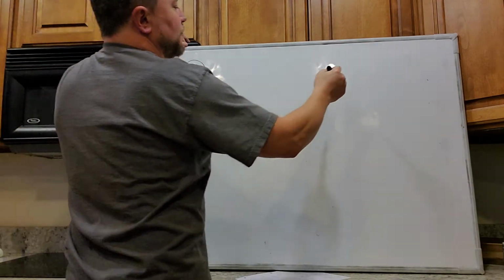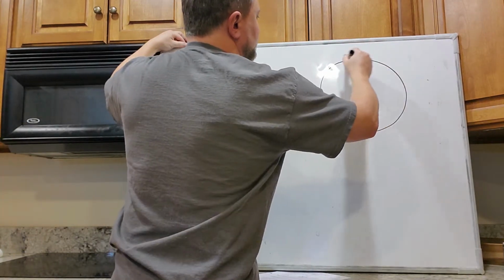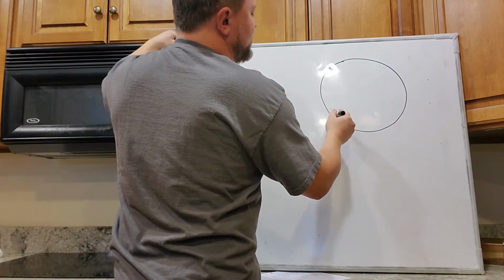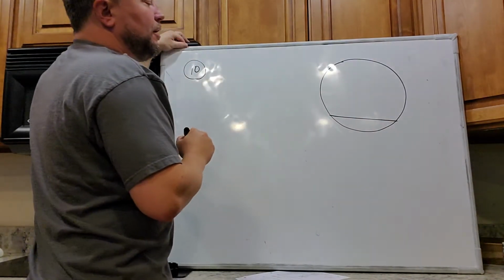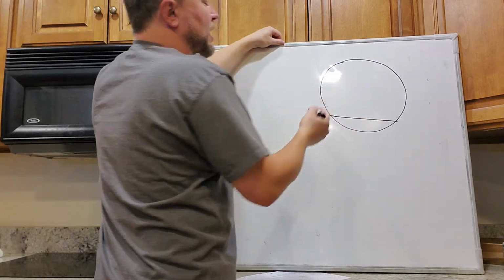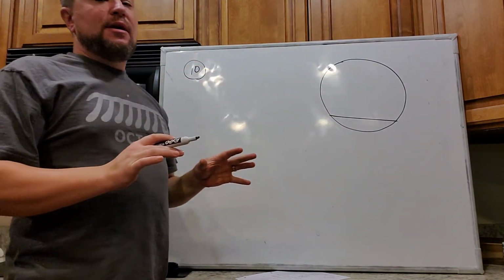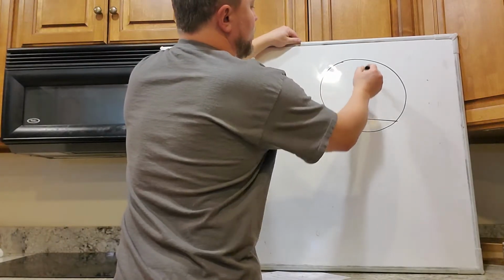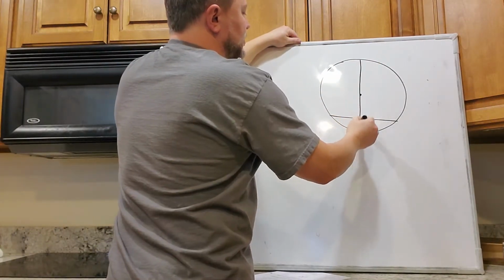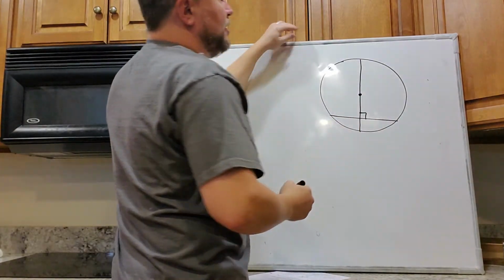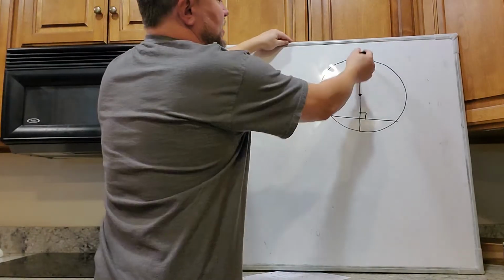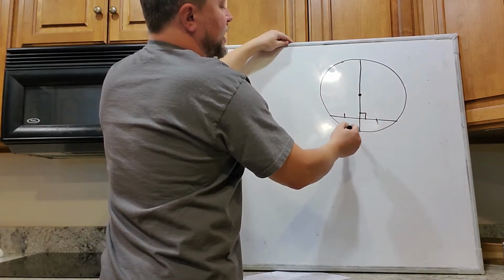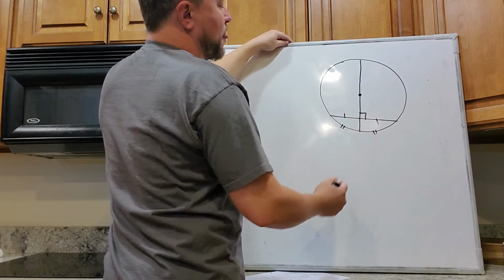Do you remember when we had a lesson on this, and one of our theorems said this: if a diameter is perpendicular to a chord, a full diameter would go like this and be perpendicular, then that diameter is going to split that chord in half, and it's even going to split this arc in half.